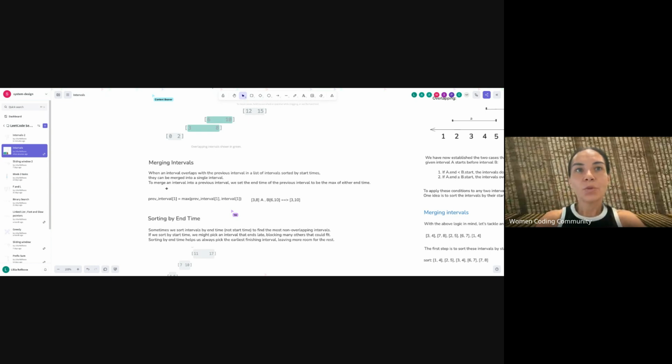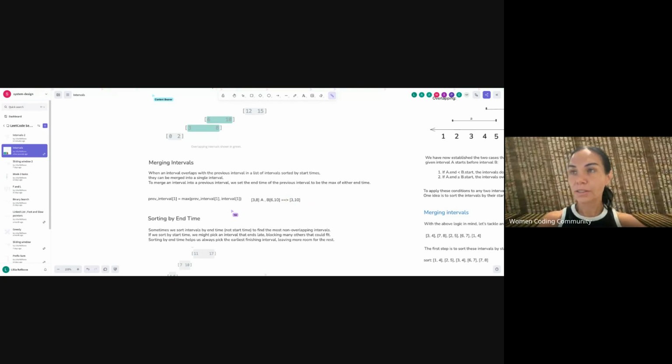To merge an interval into the previous interval, we set the end time of the previous interval to be the max of either end time. We're always taking the first start, and then taking the max of the ends of both intervals. And that's how we receive our merged interval.